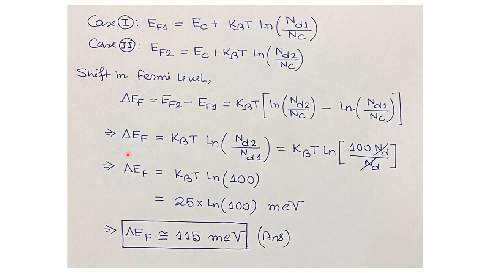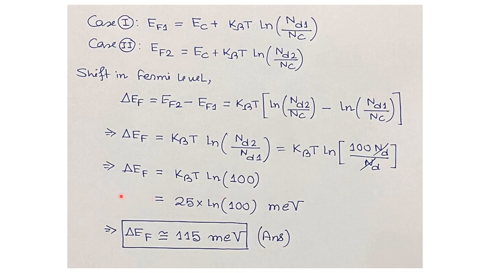So del EF equals kBT times ln of Nd2 by Nd1. Now Nd2 is 100 times Nd1, so it will be kBT times ln of 100 Nd divided by Nd. So Nd will cancel out from the numerator and denominator. So del EF will be kBT times ln of 100.